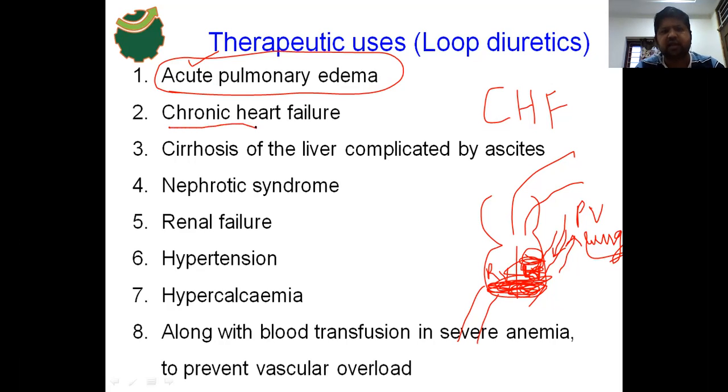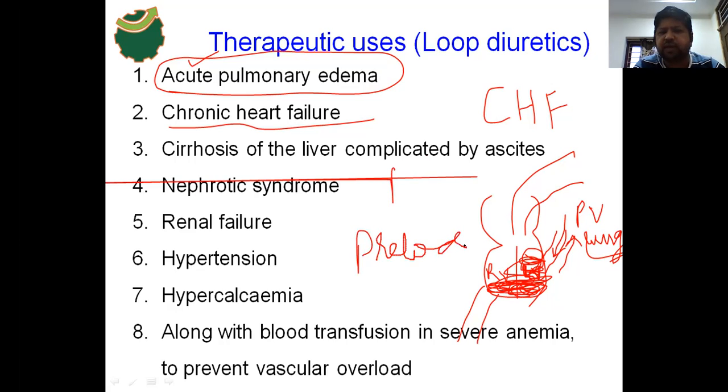And in chronic heart failure, if the blood is accumulated more in the ventricle, ventricular size will increase. What do you call that accumulation of blood in the ventricles? I have used the word, that is what we call preload.